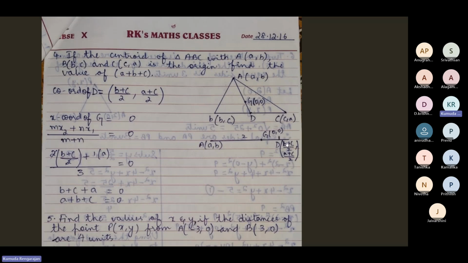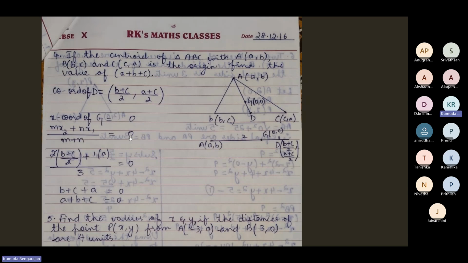Now use the section formula. You know both the coordinates of G. So you can either use the x coordinate of G or the y coordinate of G. Now I've taken the x coordinate of G is 0. So (m x2 plus n x1) by (m plus n) is 0.